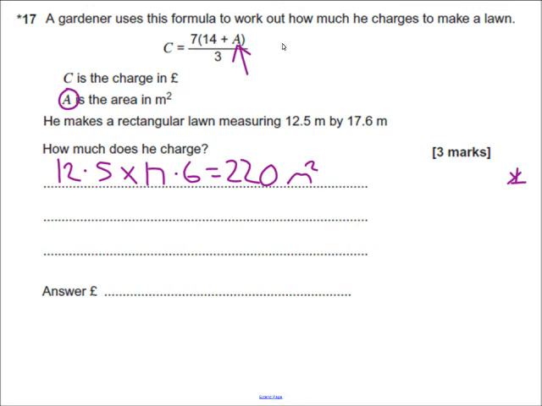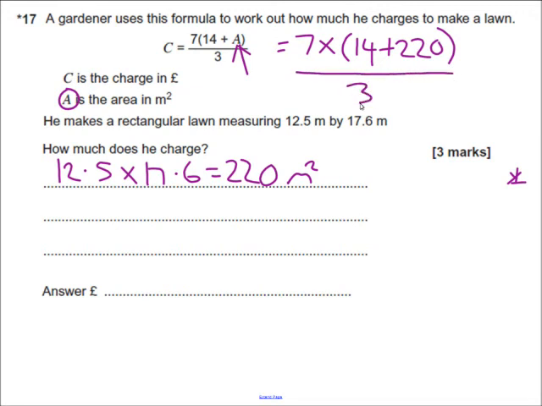So that's the number that A is going to become. Now the formula isn't that difficult if you know the algebra and what things are saying. So the 7 next to a bracket means 7 multiplied by 14 plus, and we can now put in our 220. And then the all over 3 means divide whatever you do at the top by 3. So if we break that into stages, it becomes 7 times 234 all divided by 3.